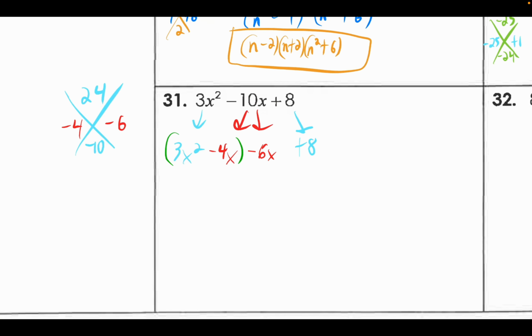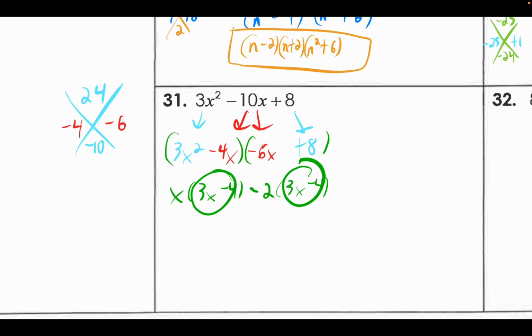So it's the first two in a group, the last two in a group, and we look for GCFs of each group. So in this first parenthesis, the GCF is just x, and we're left with 3x minus 4. In the second parenthesis, the GCF is negative 2. I know it's negative because I don't want this to ever start negative for a parenthesis, meaning if it does, like it does here, then we factor out a negative number. And so I end up getting 3x minus 4. Now this matches perfectly, these two parentheses.